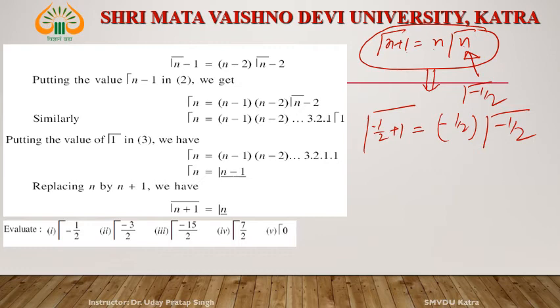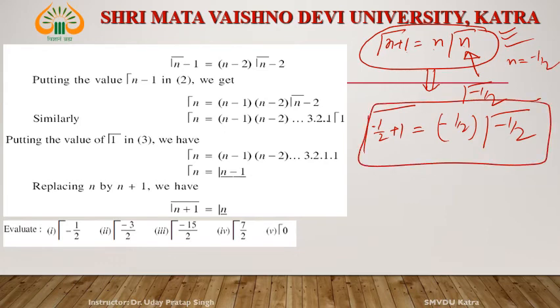See, we know this relation. We already proved it. Then what is gamma of minus 1 by 2? If we use this relation and put n equal to minus 1 by 2, then we get this. Gamma of minus 1 by 2 plus 1 is gamma of 1 by 2, which is equal to minus 1 by 2 gamma of minus 1 by 2.